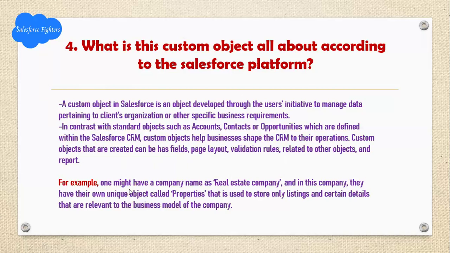For example, a real estate company might have its own unique object called Properties, used to store listings and certain details that are relevant to the business model of the company.